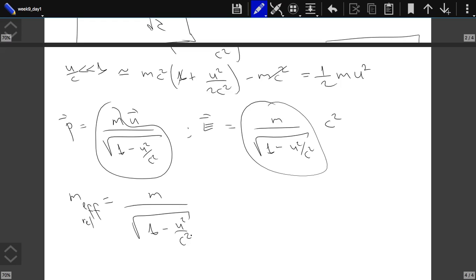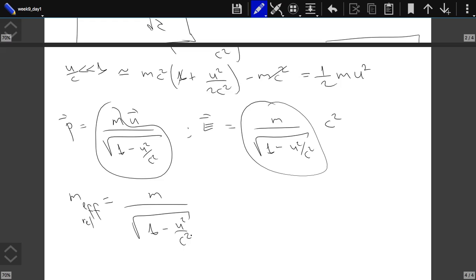And quite often you hear that an object, if it goes close to the speed of light, its mass increases. I'm sure you have heard of this quite often. Objects get heavier as they get faster. For you, the object is getting faster, its mass gets larger. Those are the sentences that you hear.